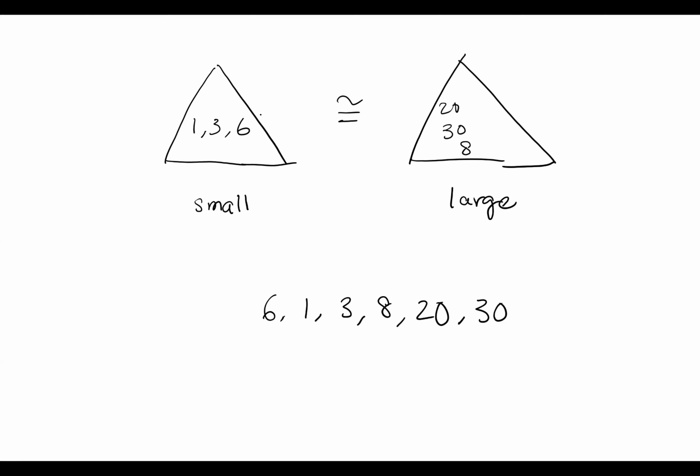Now, what kind of data structures can we choose? One of the best data structures that we can choose is a priority queue, or heap, right? Since we want to keep the larger values here, this is going to be a min heap, and this is going to be a max heap, okay?